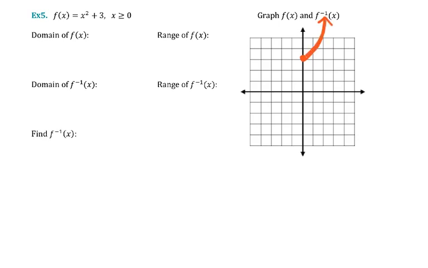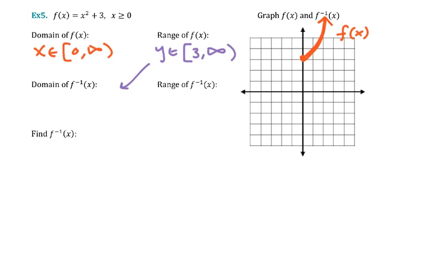So this red graph here represents my function, f of x. The domain of f of x is that my x values are from 0 to positive infinity, and my range is that my y values are from 3 to positive infinity.